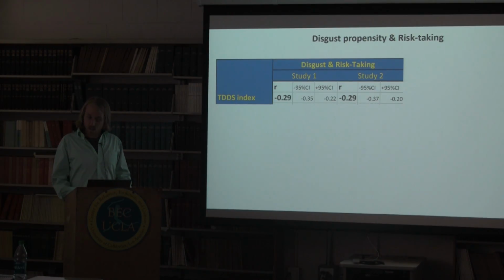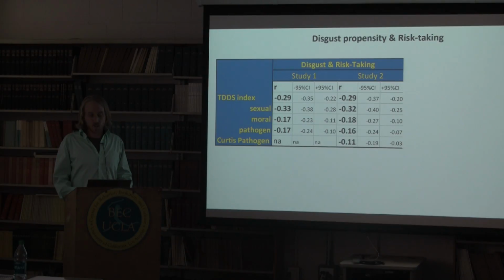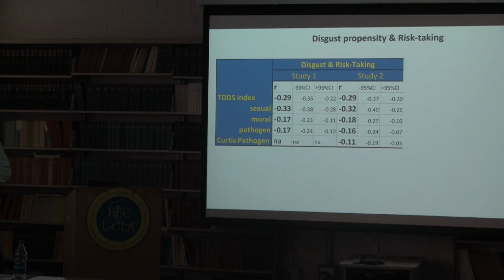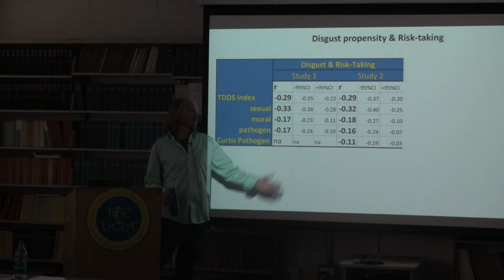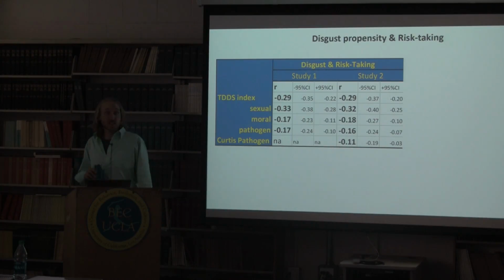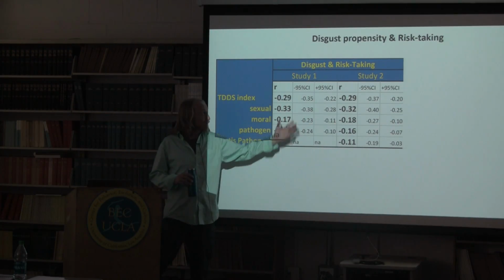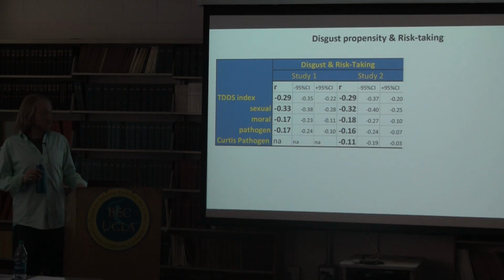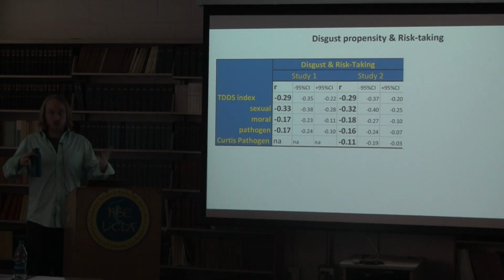If you break out the disgust domains, the directionality is the same in all of them. That extra pathogen measure is small, but it's still quite statistically significant, and it looks like all the rest of it. So this looks to us like risk-taking and disgust do seem to be part of the same kind of broad package.